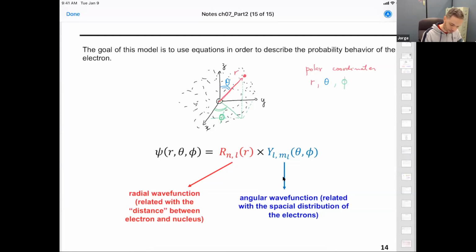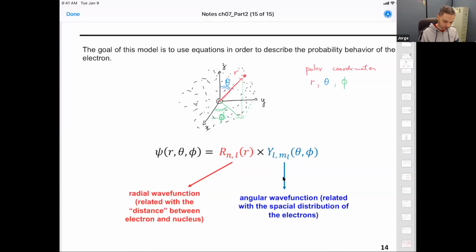So therefore, polar coordinates define the position of the electron in the 3D space using r, which is the distance between nucleus and electron, theta, which is the angle between the vector r and the z-axis, and phi, which is the angle between the x-axis and the projection of the r vector in the xy plane.